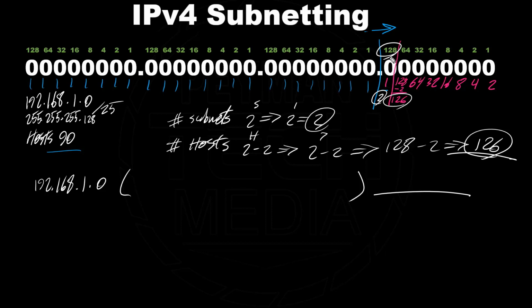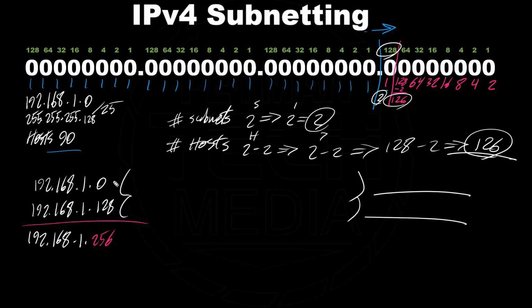So we are incrementing by 128 on the last octet. So here we have 192.168.1.128. If we continue incrementing by 128, we get 256, and 256 is not valid. So these are our two subnets.